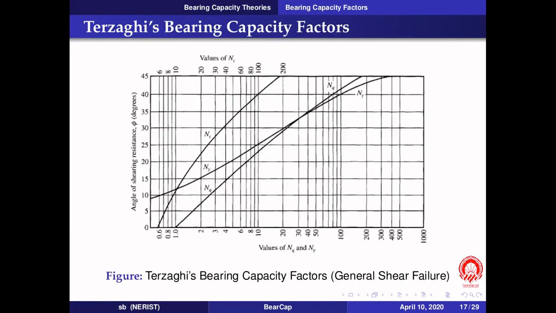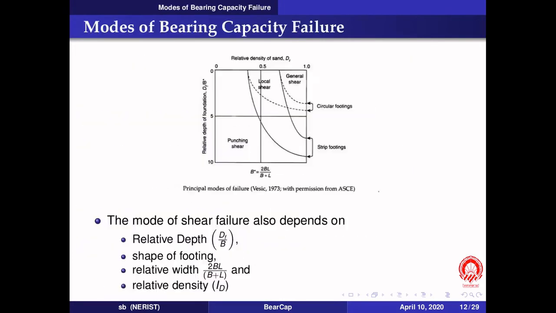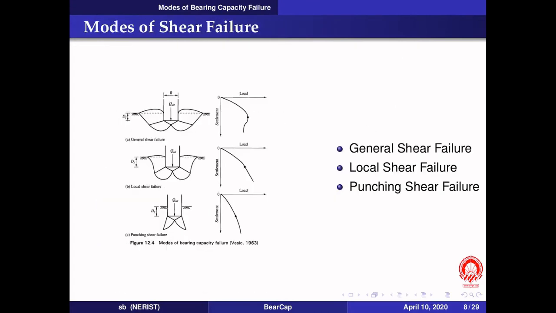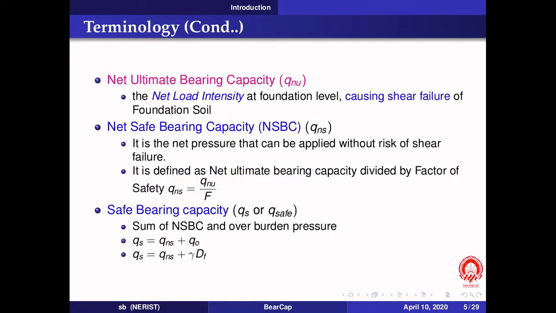One more thing I think I forgot to highlight, and that is the net safe bearing capacity is given by the net ultimate bearing capacity divided by the factor of safety, and then the gross safe bearing capacity is just the sum of the net safe bearing capacity and the overburden pressure or the surcharge.